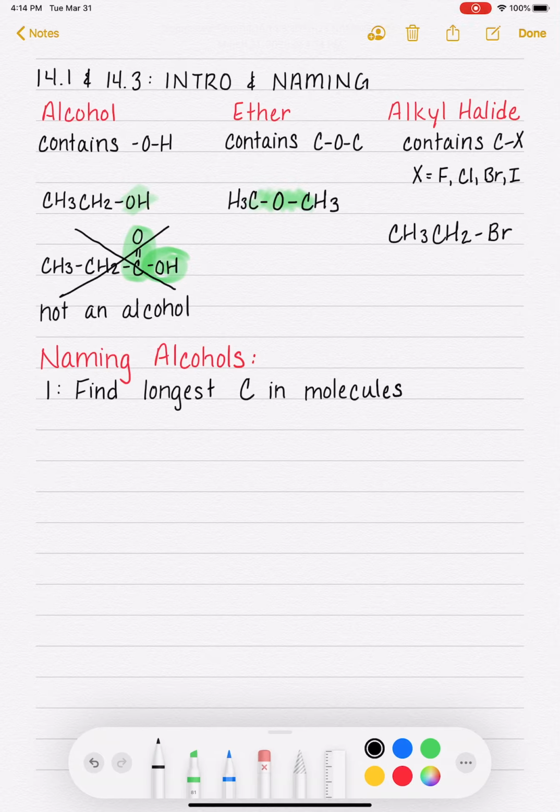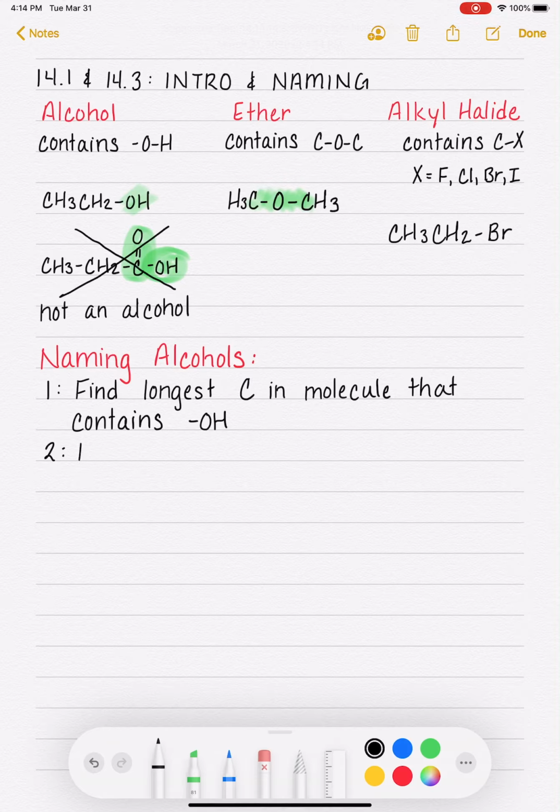Our job was find the longest carbon chain that includes the double bond or the triple bond. And that's going to be the case with alcohols as well. Find the longest carbon chain in the molecule that includes the OH of the alcohol. That's going to be important.